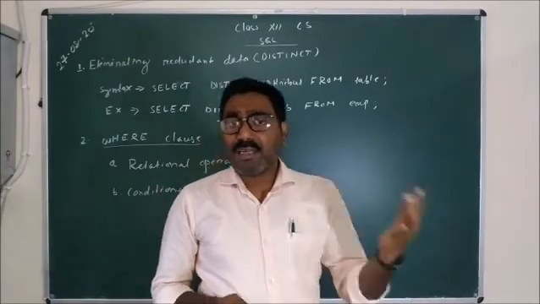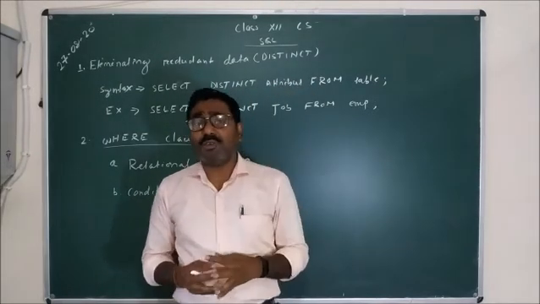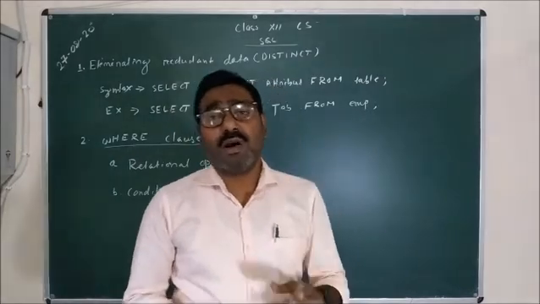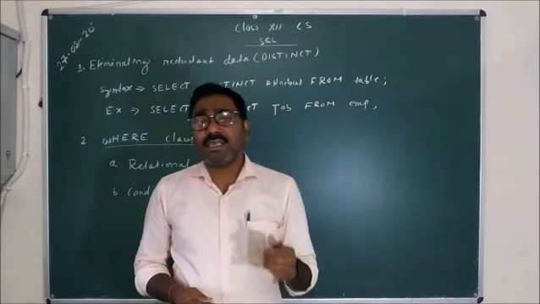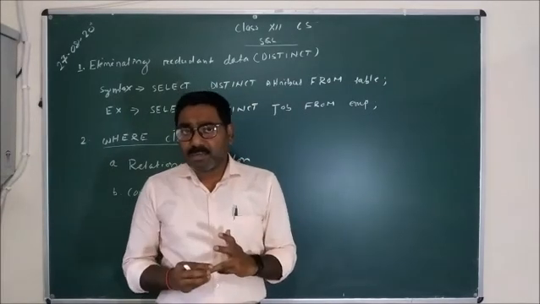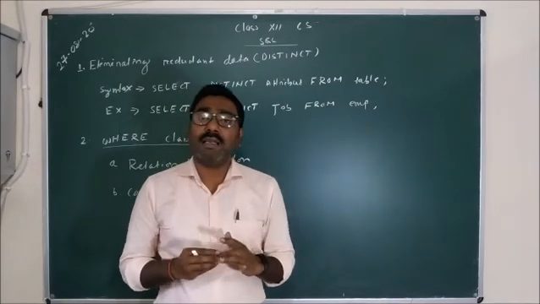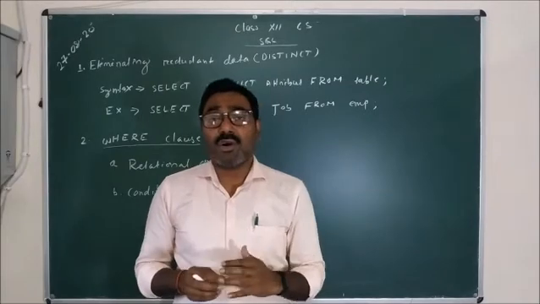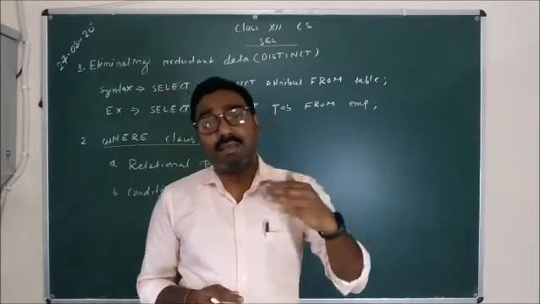You will get this table everywhere. There are 13 or 14 rows, but these are the only jobs: president, manager, clerk, analyst, and salesman. All those 14 employees are in these jobs.